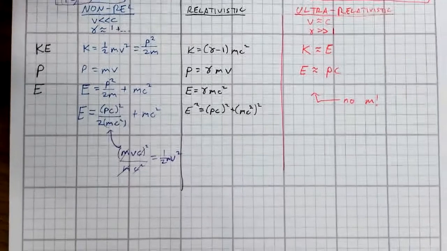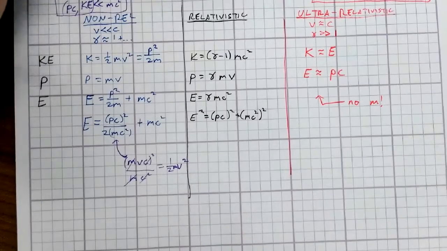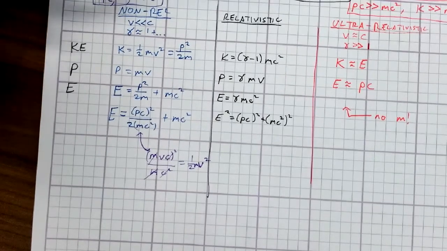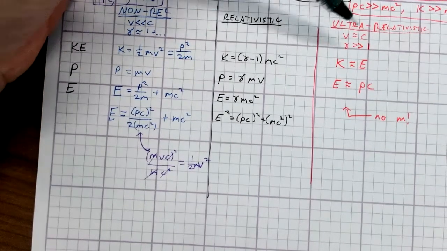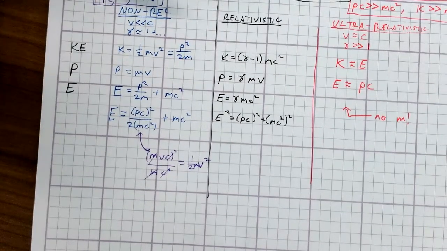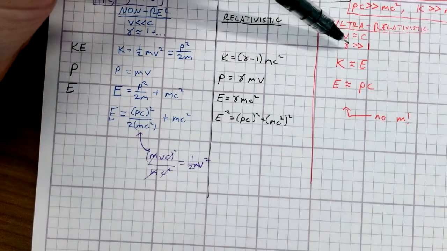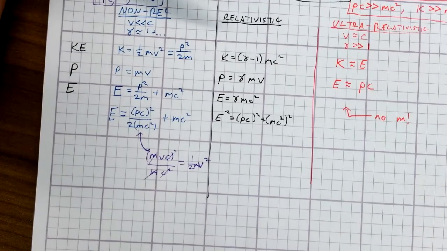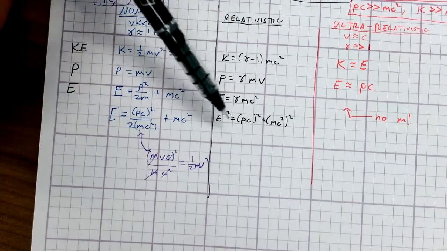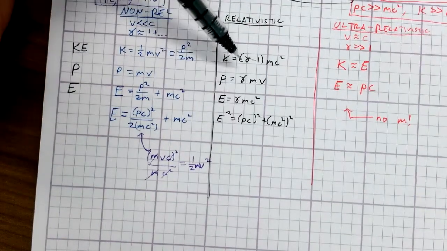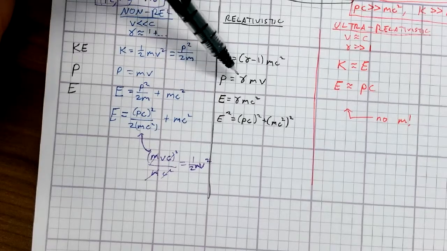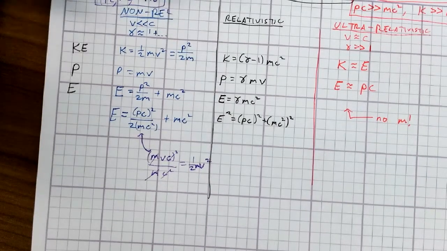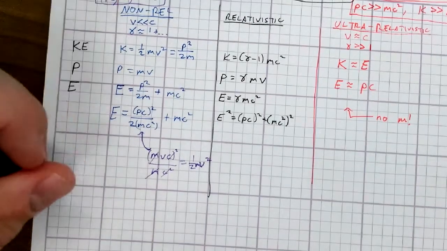I'm going to leave you with one last question that I hope we get to discuss later. So, what happens when things start to go really, really fast? Well, at the speed v equals c, gamma becomes infinity. So wouldn't these equations then imply that it takes infinite kinetic energy and infinite momentum and infinite energy to go the speed of light?